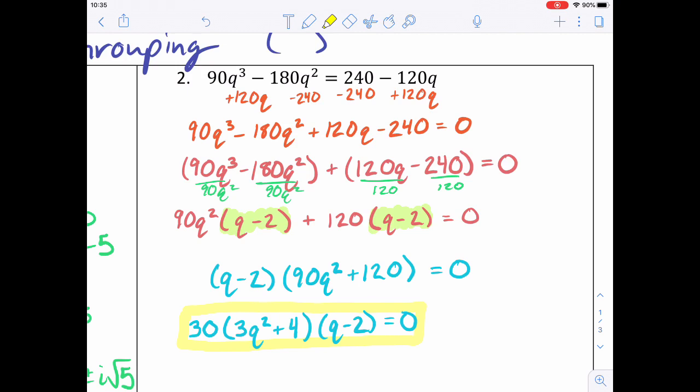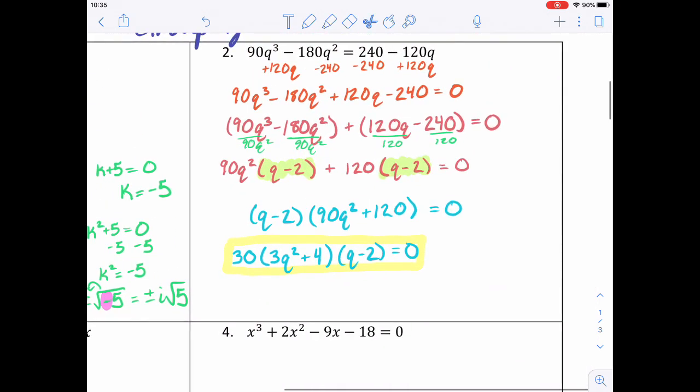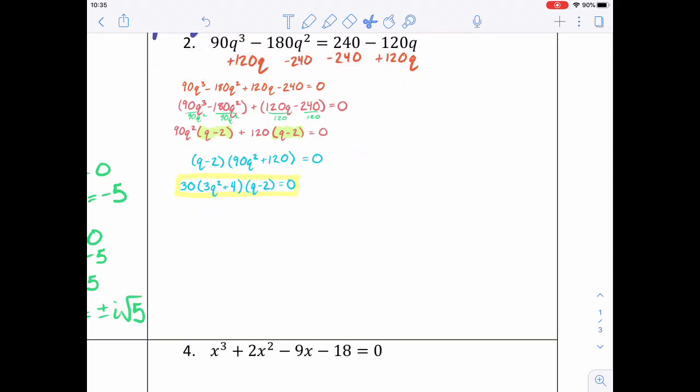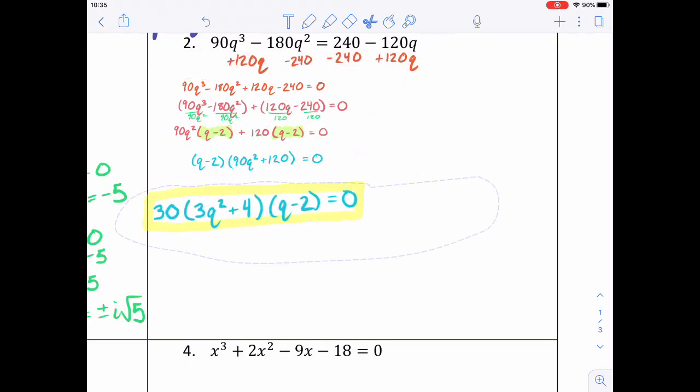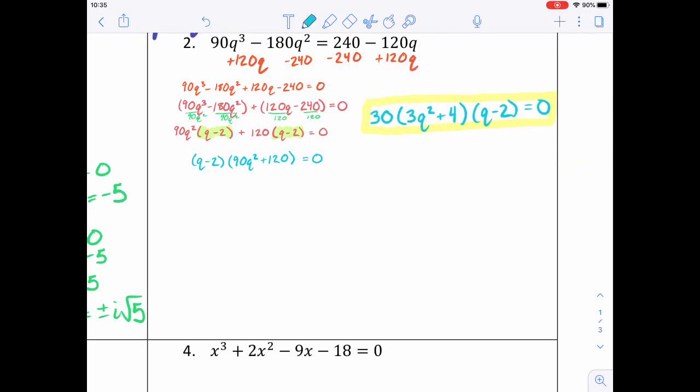Next thing we want to do is solve. So I'm going to make this a little bit smaller so I have more room. Alright, so let's look at our first factor. So we're going to look at 3q squared plus 4 equals 0. First thing I'm going to do is subtract 4. That gives me 3q squared equals negative 4.